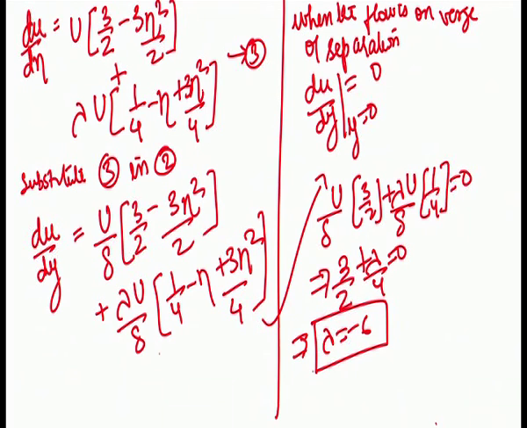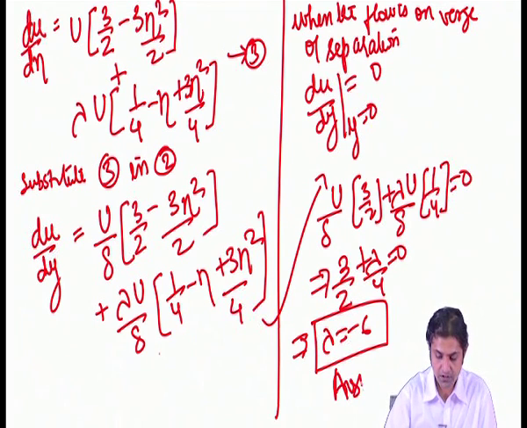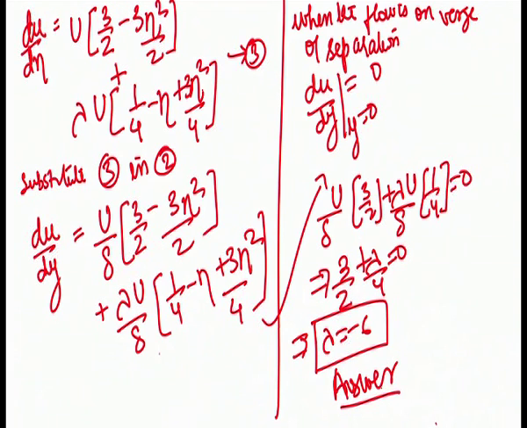So for λ equal to minus 6, the flow is on the verge of separation, and this is the answer to this question.